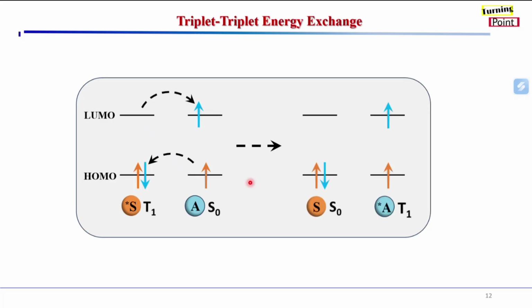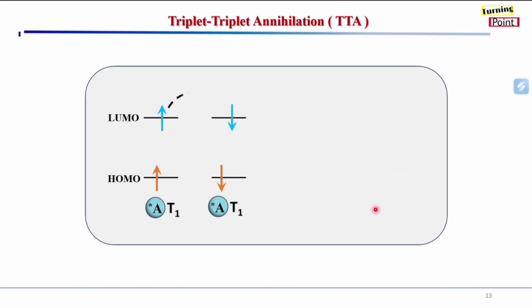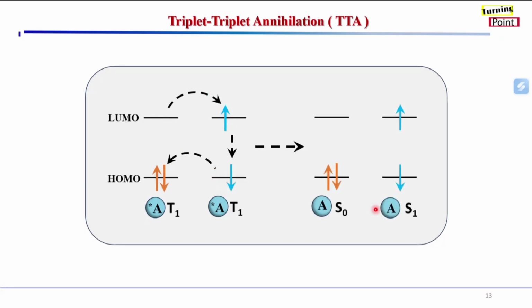Therefore, the sensitizer triplet state is converted into the sensitizer singlet ground state and the annihilator singlet ground state is converted into the annihilator triplet state. And when two annihilator triplet states come to close proximity, they exchange their electrons via the Dexter electron transfer process and they form one singlet ground state, another one is a singlet excited state. This process is known as the triplet annihilation process.